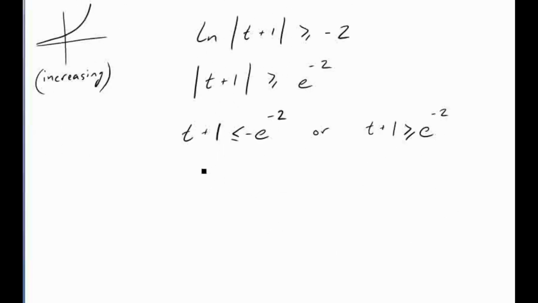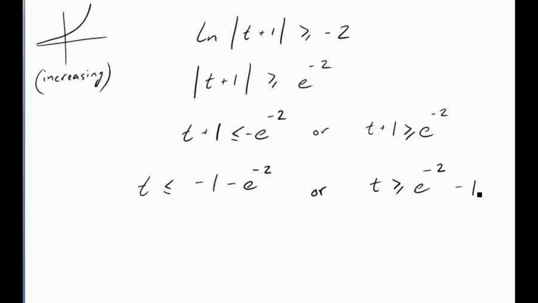So we've determined that the absolute value has to be greater than this number, which then means that t is less than or equal to -1 - e to the -2, or t is greater than or equal to e to the -2 - 1.